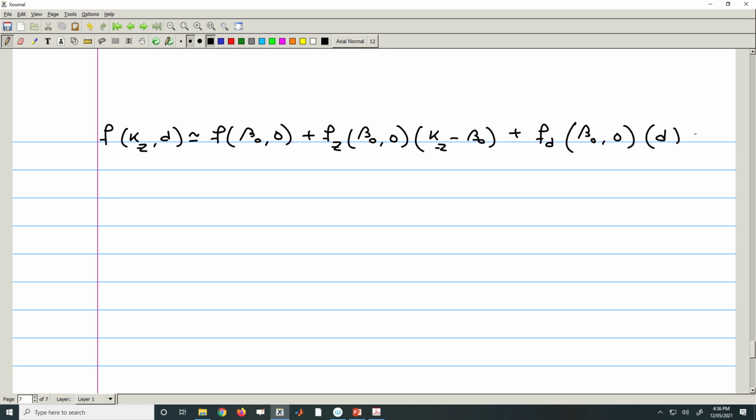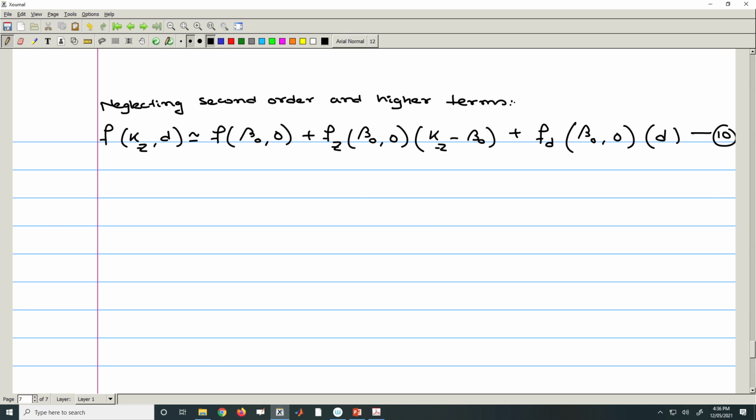So, this is equation number 10. Here we have neglected second order and higher terms.